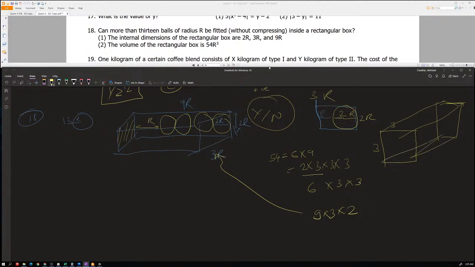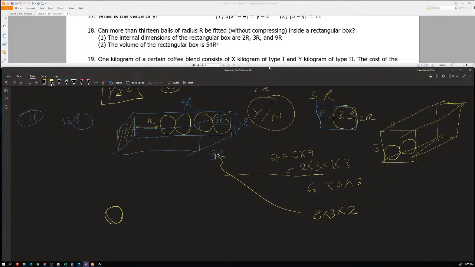In this case, this is 2R, and again, I cannot fit anything else. So what else can I make from 54?